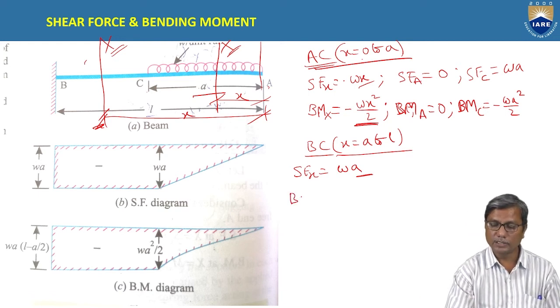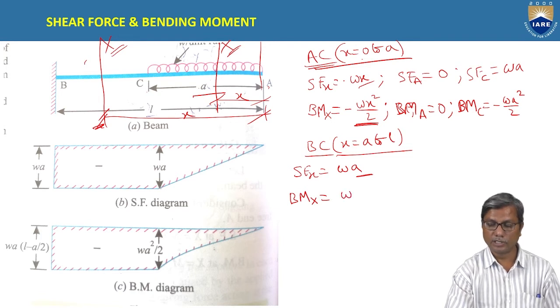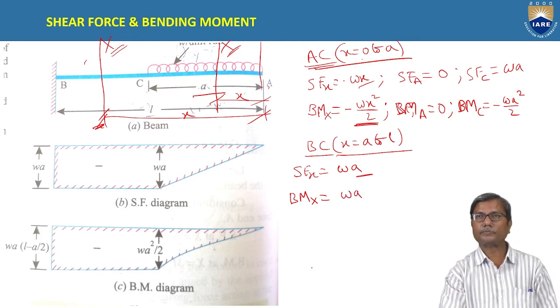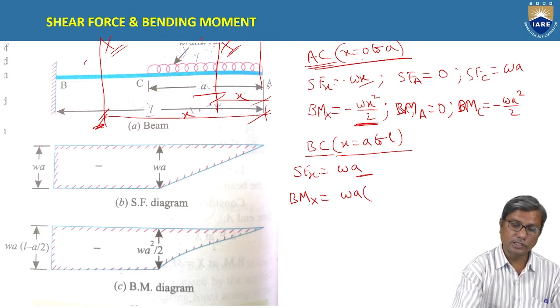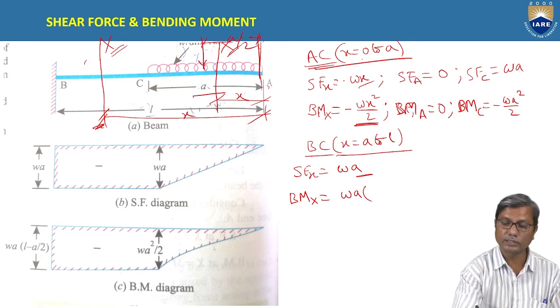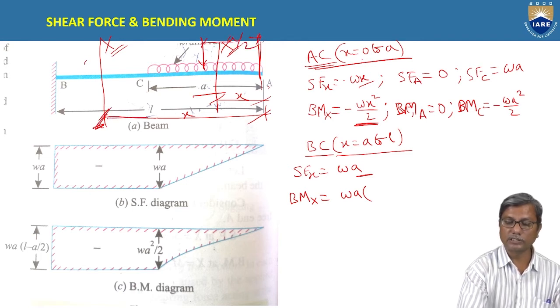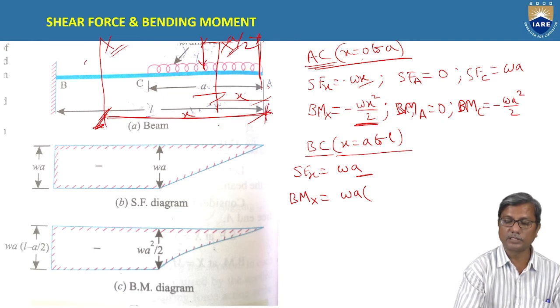And the bending moment at X is WA, the total UDL, into, it acts at the middle. From the free end it acts at a distance of A by 2, and we are considering the distance of the section from the free end here.